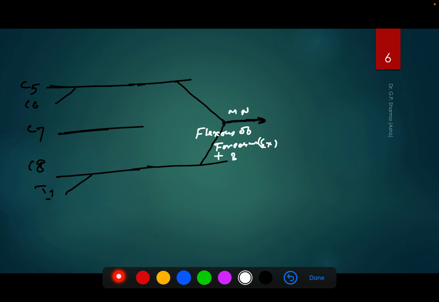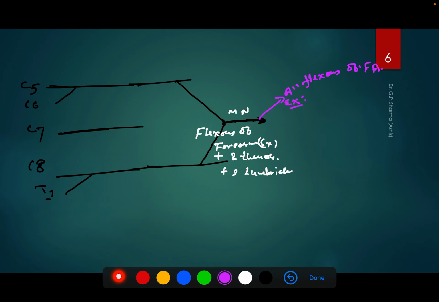Plus 3 thenar muscles plus 2 lumbricals, right? So let's make the median nerve supply. So the median nerve supplies what? All flexors of the forearm.